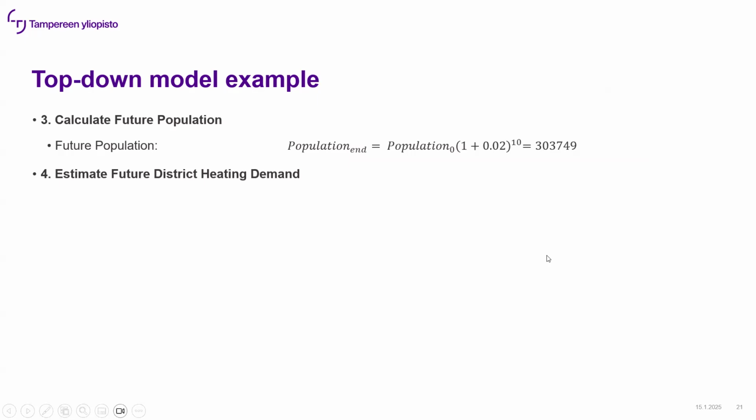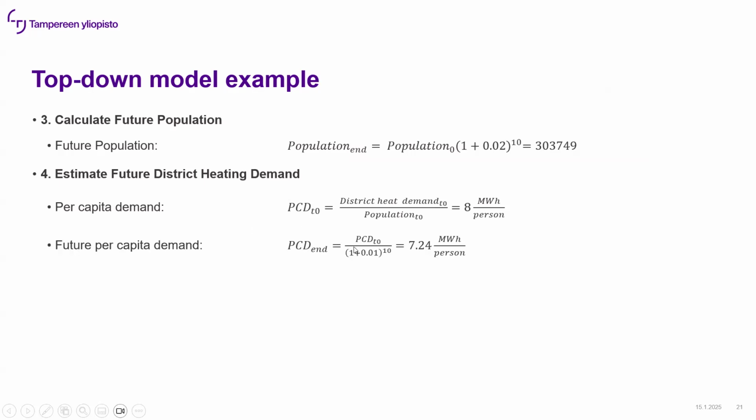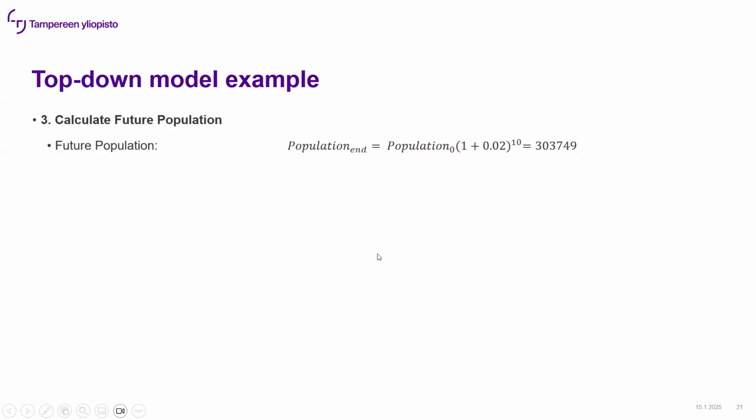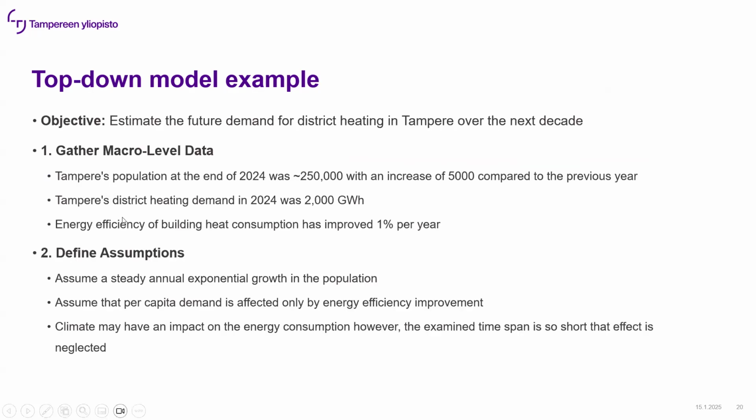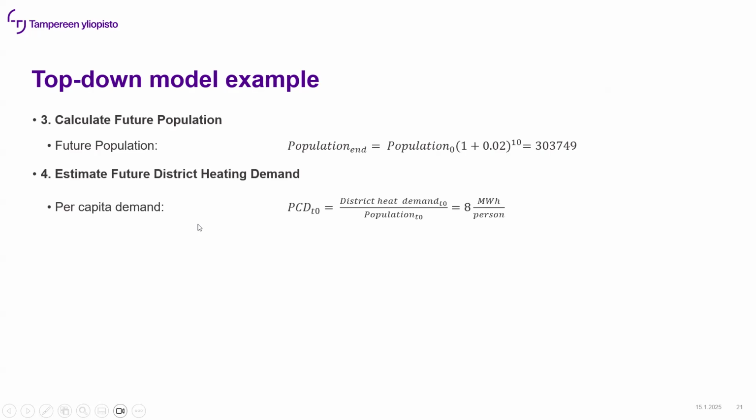Then you estimate future district heating demand. And what we said is that the only thing that is going to affect per capita demand is the increase in the efficiency of building heat consumption. So energy efficiency is improving 1% per year. So 1 plus 0.01 to the power of 10.